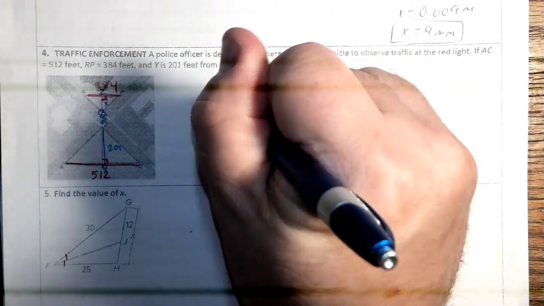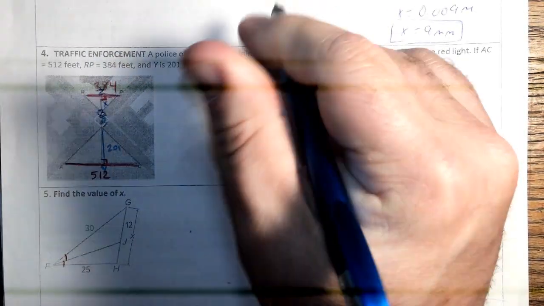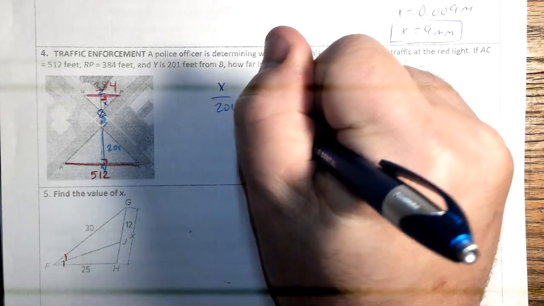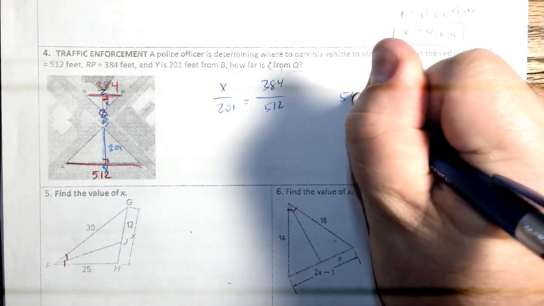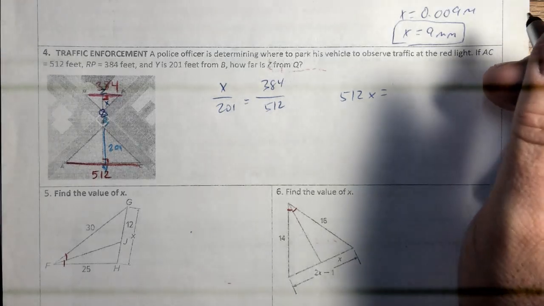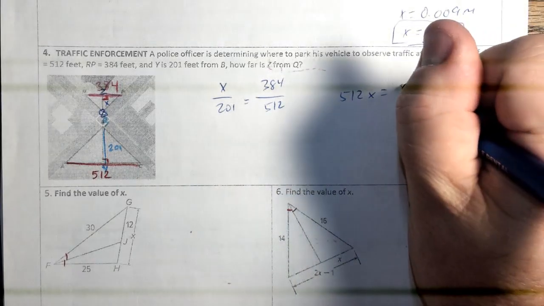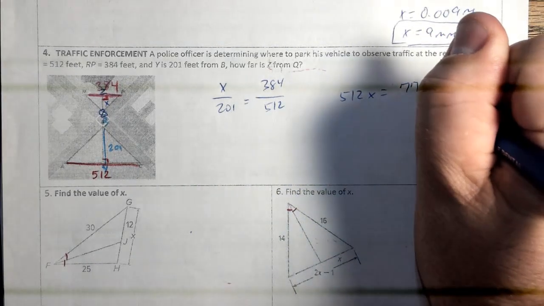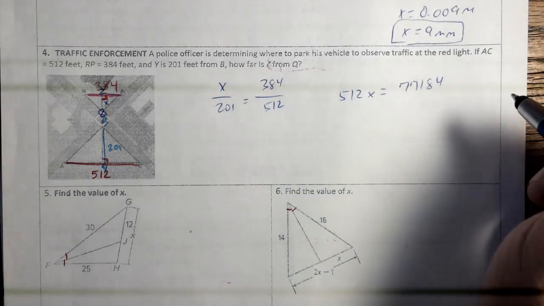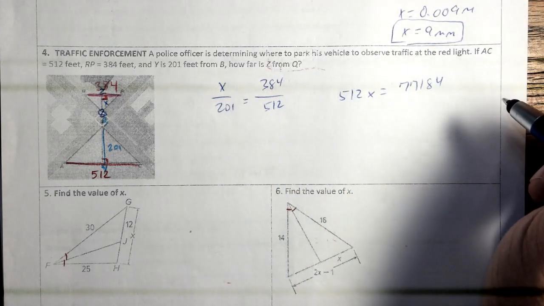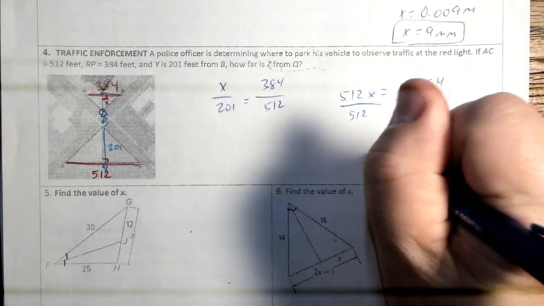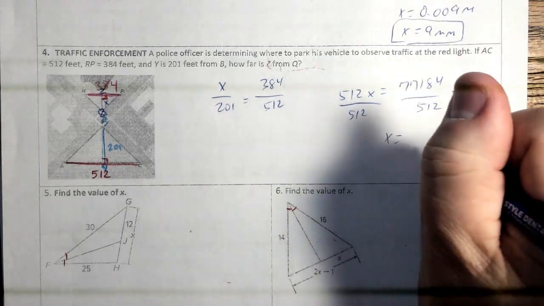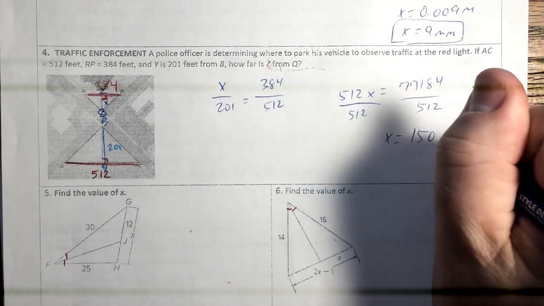So X to 201, 384 to 512, and then we cross multiply. 512 times x is 512x. 201 times 384 is 77,184. So 512x equals 77,184. I'm going to divide both sides by 512, and X equals 150.75.